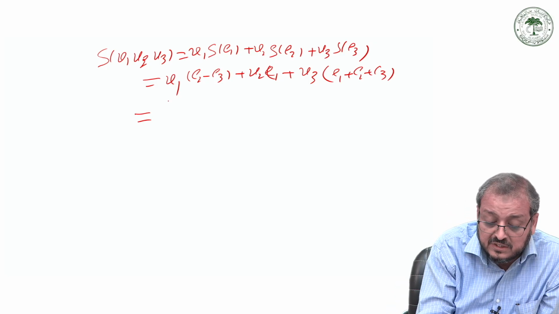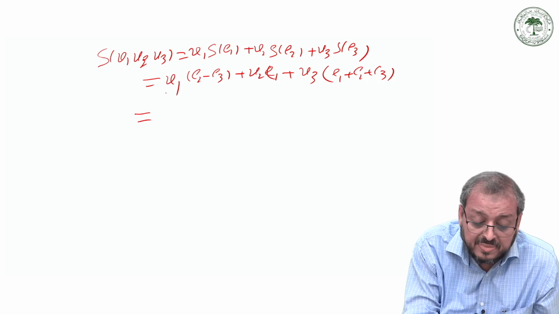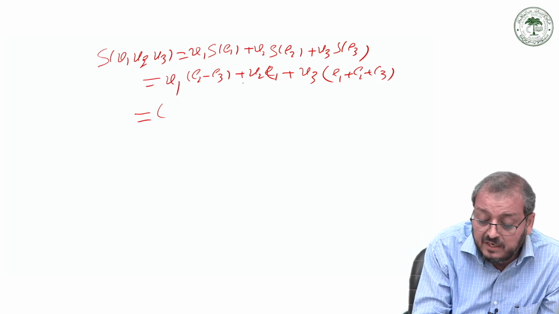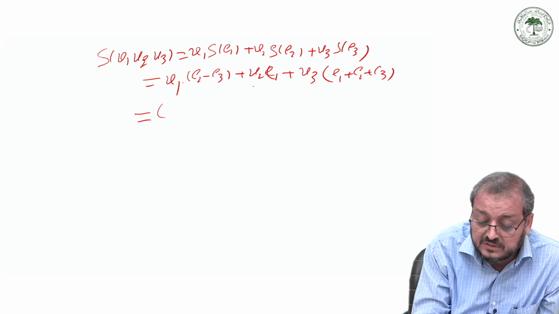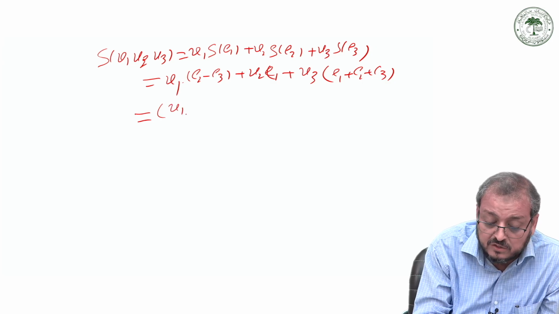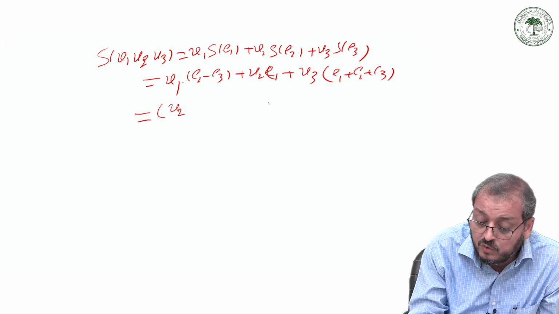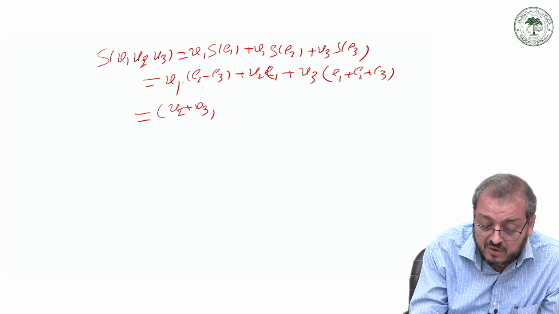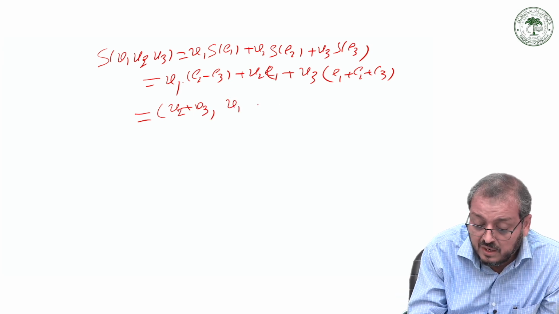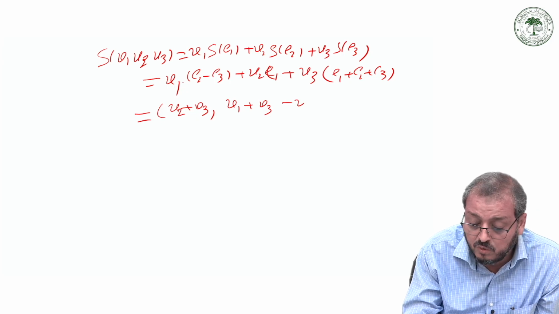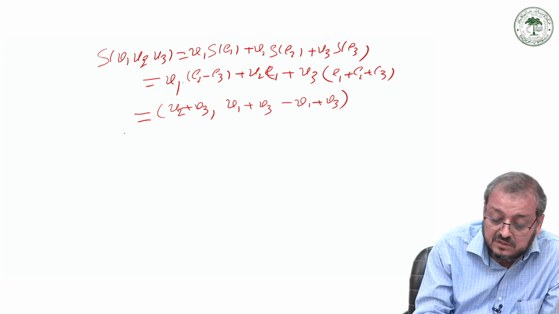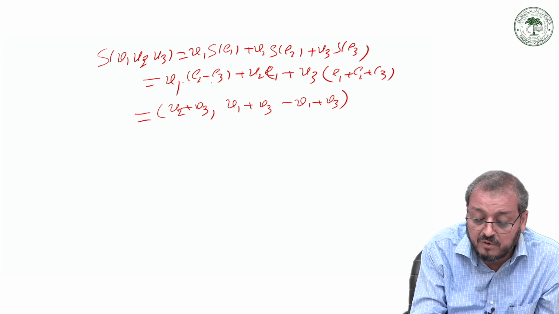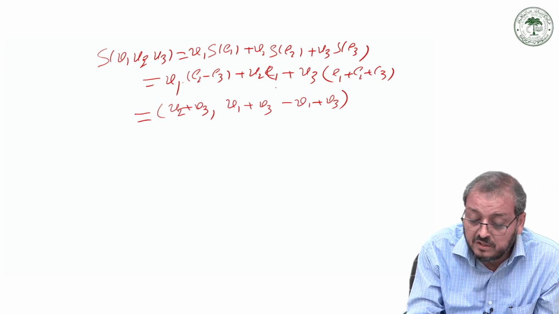Now this can be written in component form. Clearly, the E1 component is v2 plus v3, and the other components are v1 plus v3 and minus v1 plus v3. So S can be written in this form.